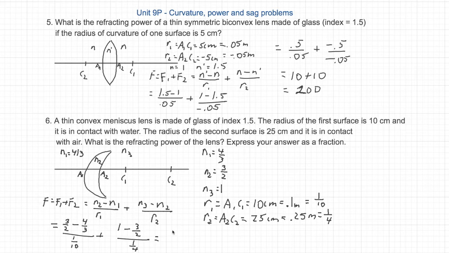Let's see, our first big fraction, the common denominator is 30. That's 3 over 30 on the bottom. You can barely see it, but there it is. Second fraction, common denominator is 4 over 1/4.